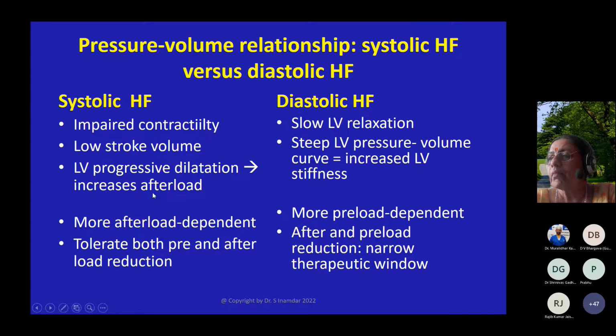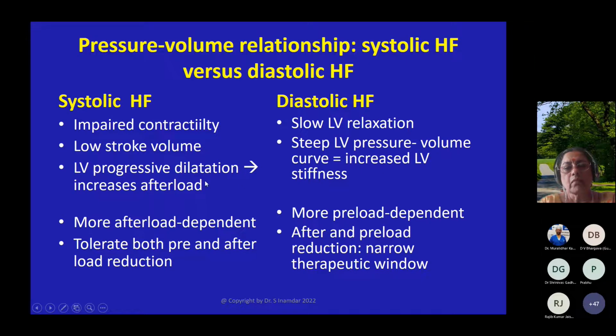So we will just recap systolic heart failure. We have to all the time compare and contrast, because many times patients do have both and we have to know which is dominant. So systolic heart failure is impaired contractility, low stroke volume, obviously.